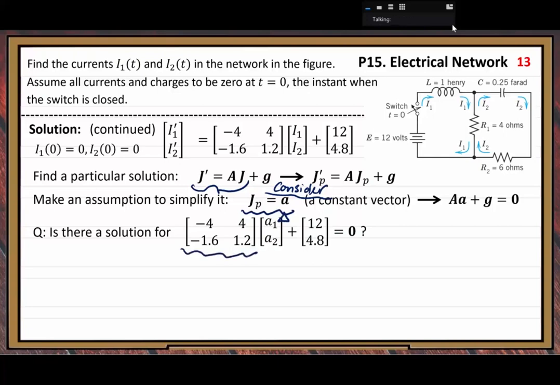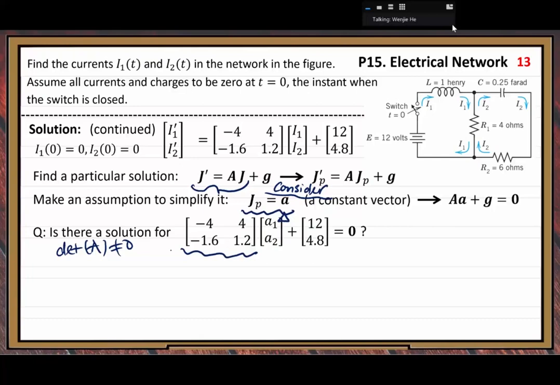Under what condition does the solution exist? If the determinant of A is non-zero, then the solution exists. Because when the determinant of A is non-zero, the A matrix is invertible, as we remembered last time. The inverse of A exists, then we can multiply by the inverse of A so we can find the solution.